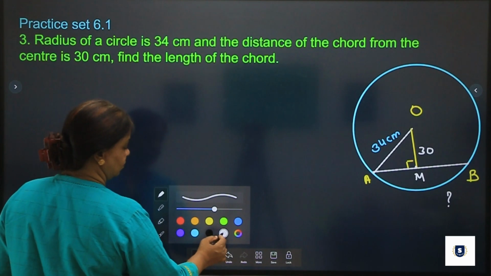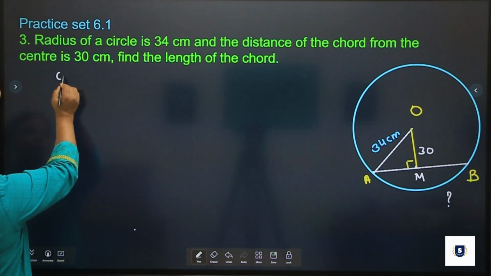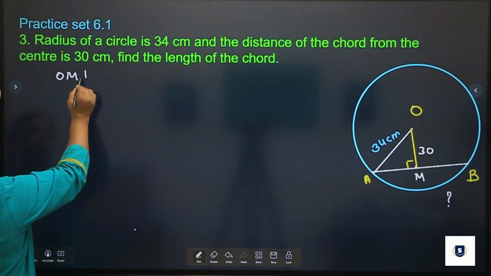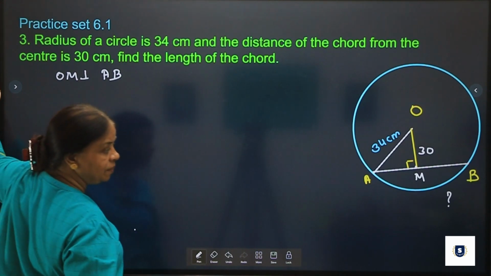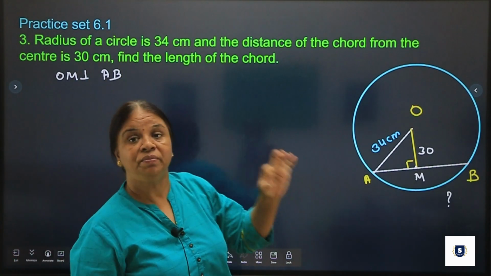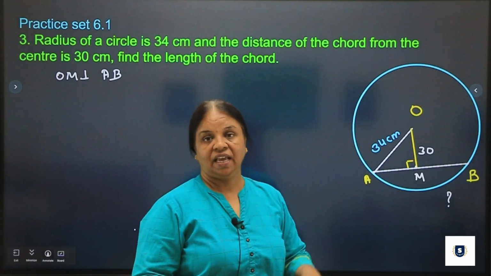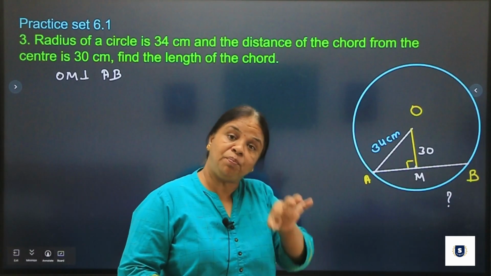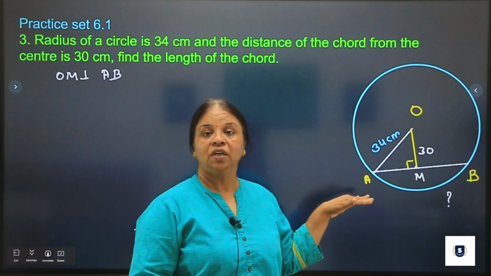We can say OM is perpendicular to AB. Why is OM perpendicular to AB? The line drawn from the center to the chord, and the line which joins the midpoint, is always perpendicular to the chord. Clear?